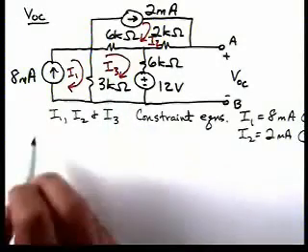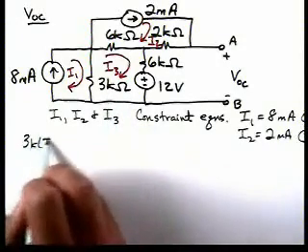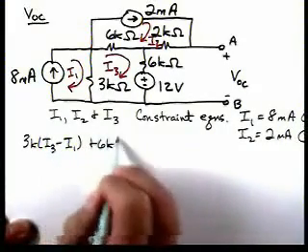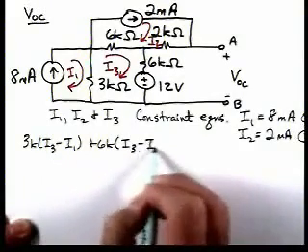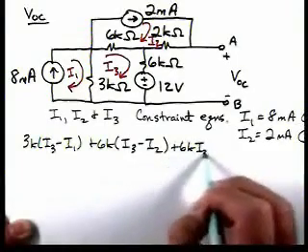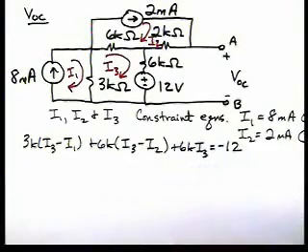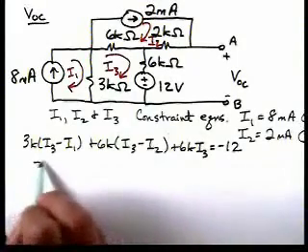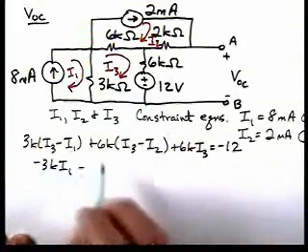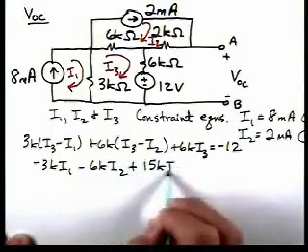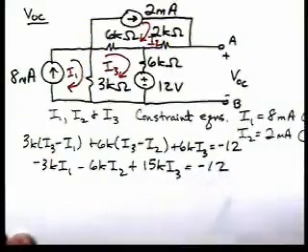The equation is 3K times (I3 minus I1) plus 6K times (I3 minus I2) plus 6K times I3 is equal to minus 12. So that's KVL for this mesh in the middle. Collecting terms, we have minus 3K I1 minus 6K I2 plus 15K I3 equal to minus 12.